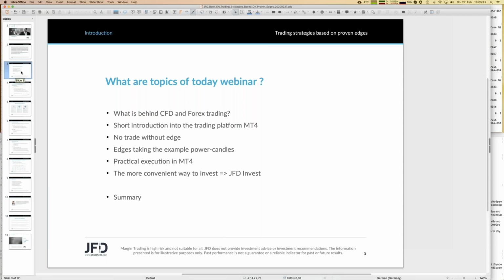And one example will be power candles today. So power candles are candles with a specific characteristic. Big candles, you will learn. Big candle bodies, you will learn what that means. And even more, we will investigate that kind of power candles just by Excel and learn, is there an edge and how to trade?